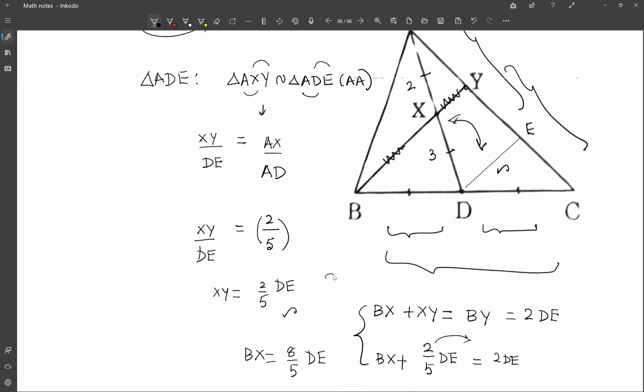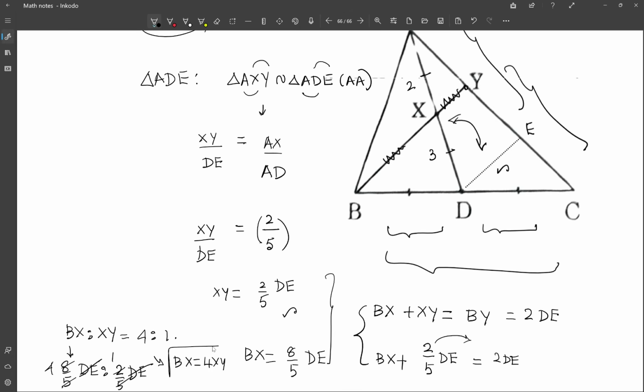Now you get the ratio between BX and XY. BX is to XY is equal to 8 by 5 DE is to 2 by 5 DE. So DE and DE get cancelled, 5 and 5 get cancelled. 8 is to 2 is nothing but 4 is to 1. So BX is to XY is in the ratio 4 is to 1, or rather we can write it this way: BX is equal to 4 times XY. That is the result of this question.